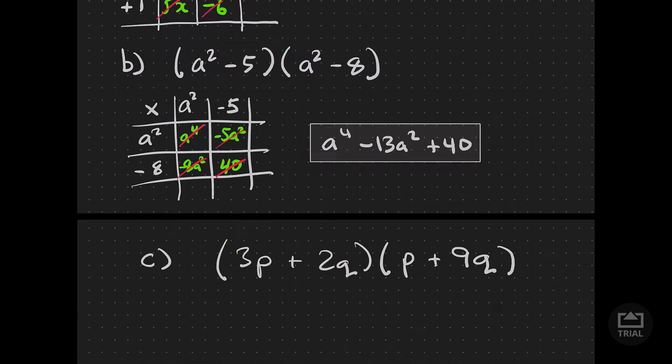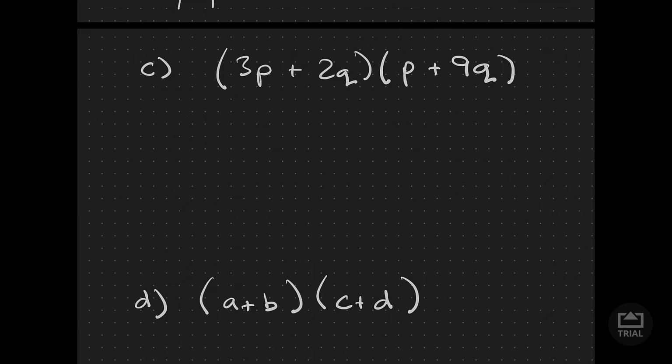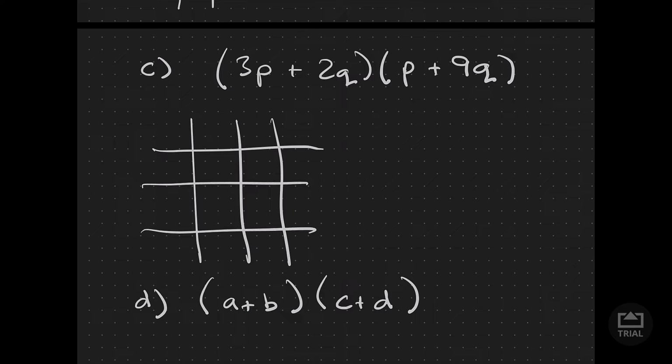Okay, same thing. We just got a different set of numbers. So 1, 2, 3, 1, 2, 3. We're multiplying. We have 3p and 2q, and we have p and 9q, and we just follow the same process. So p times 3p is 3p squared. P times 2q is 2pq.